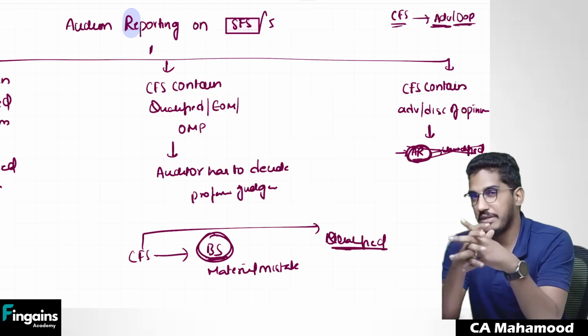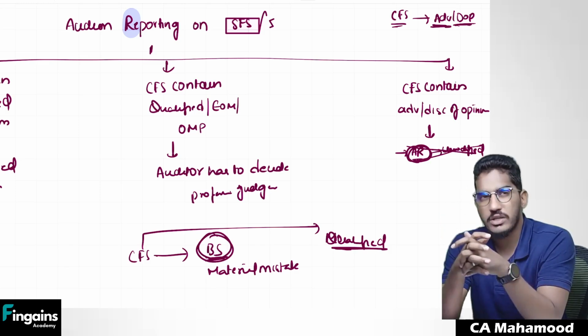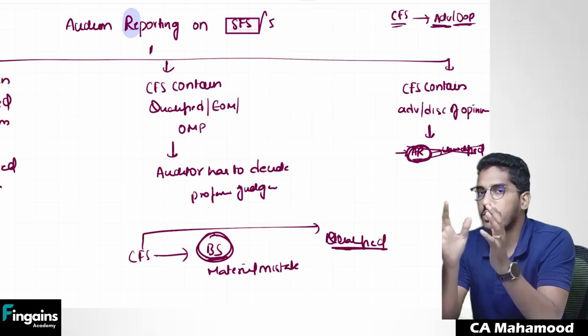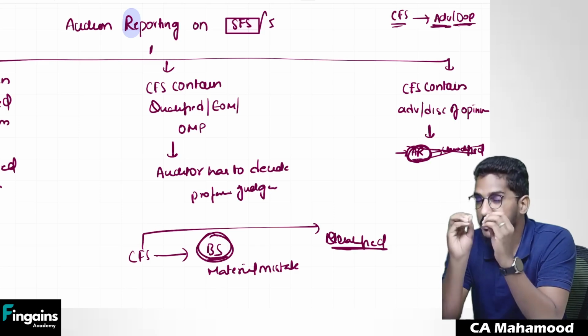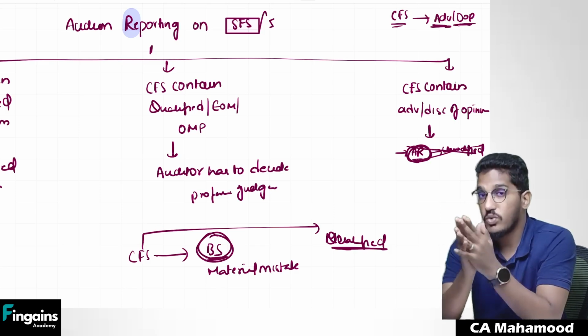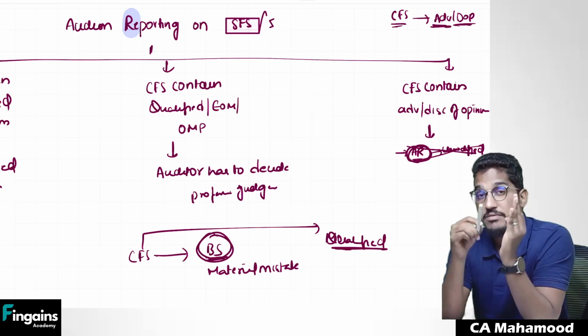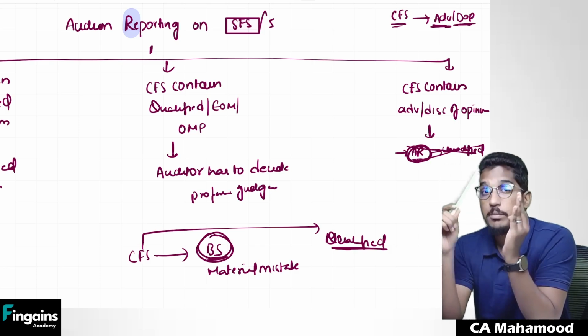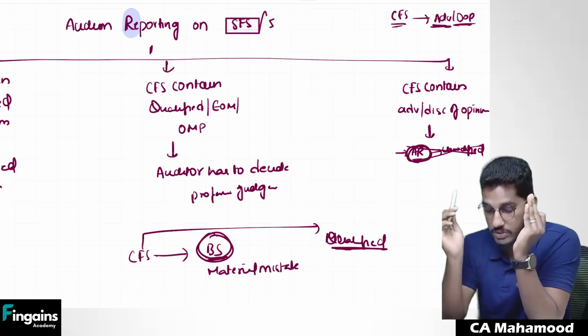But sometimes the auditor will have a gut feeling: sir, in whatever area I have been appointed to audit, there is no material misstatement, and I want to give an unmodified opinion. Then the standard is telling you that you can do it only in certain circumstances, where the main audit report of the complete financial statements contains either adverse or disclaimer.